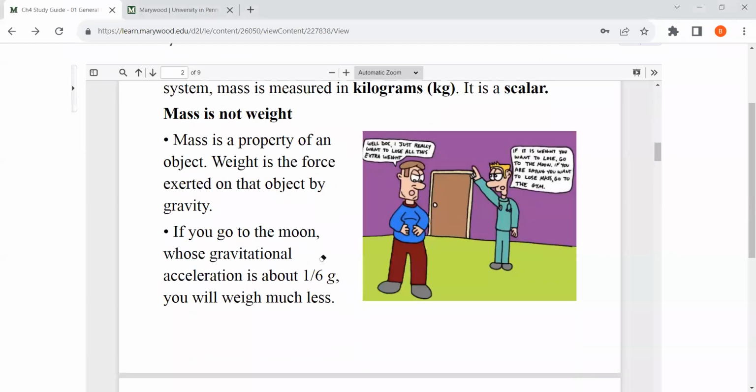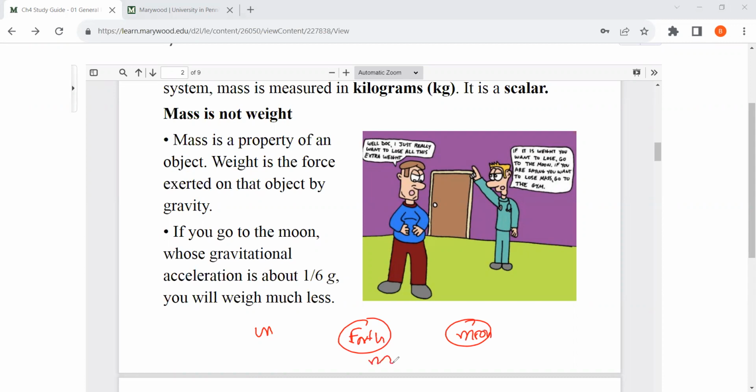All right, now weight basically depends on the gravitational acceleration. Mass does not depend. So mass m is always the same, no matter whether you are on Earth or on the Moon.